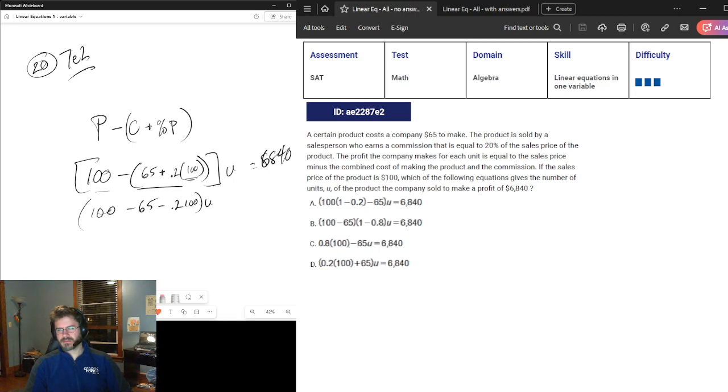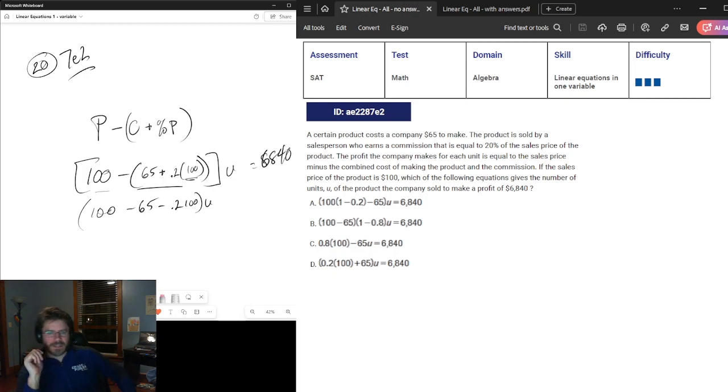Oh, interesting. 0.2. Well, D is out because it has the plus 65 on there. We know it's a cost, so it's going to be minus 65. Okay, I still kind of like A.